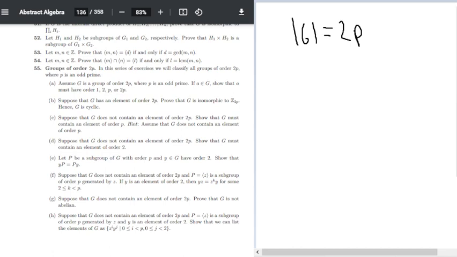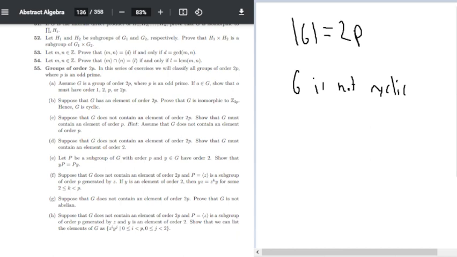Show that G must contain an element of order p. A better way of saying it is that G is not cyclic. Show that G must contain an element of order p.